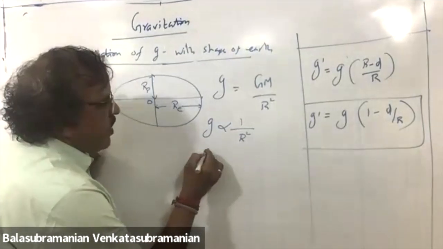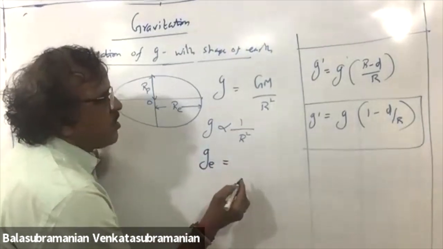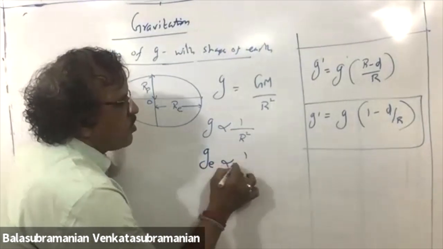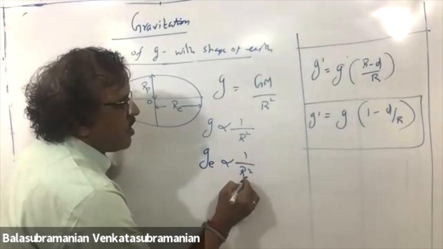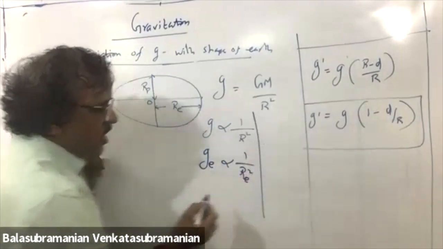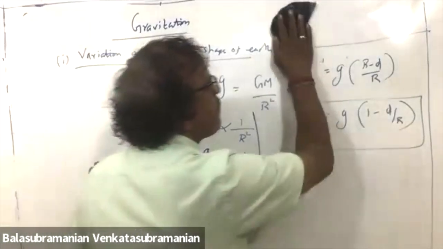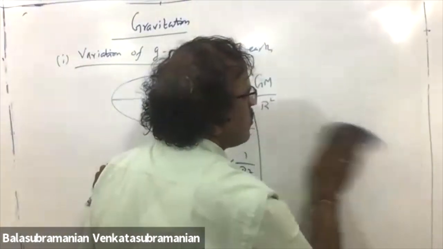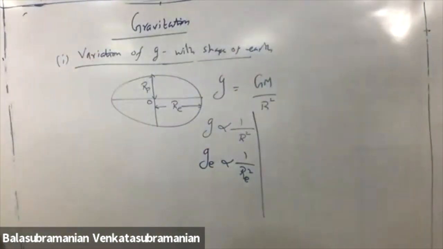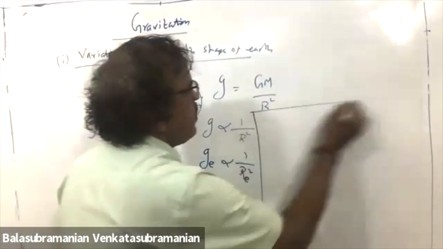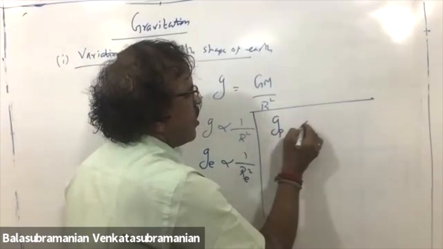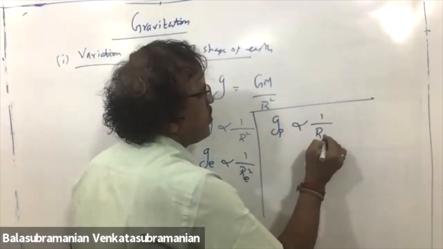So for the equator, gE is proportional to 1 by RE square, and at the poles, gP is proportional to 1 by RP square.